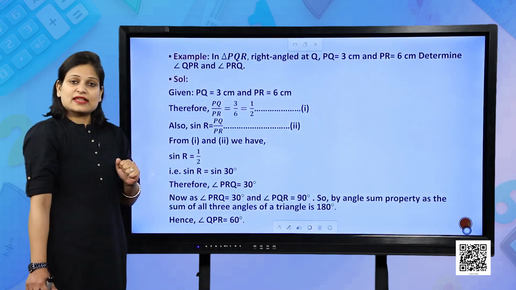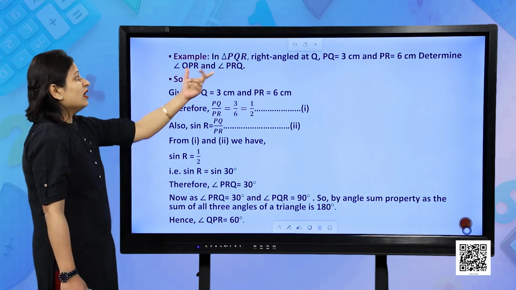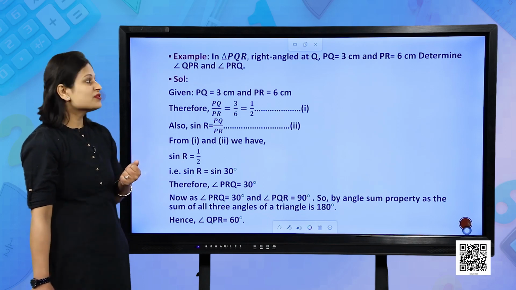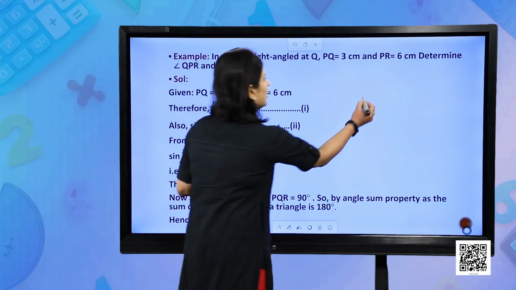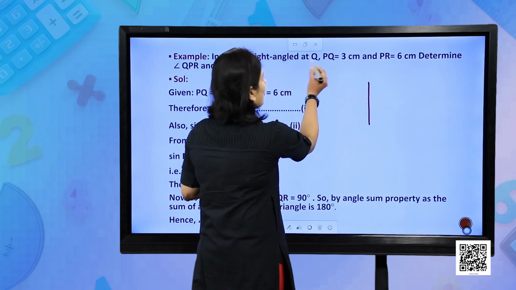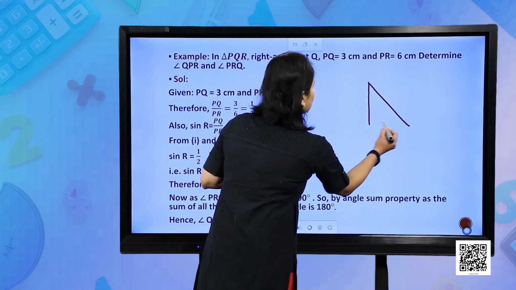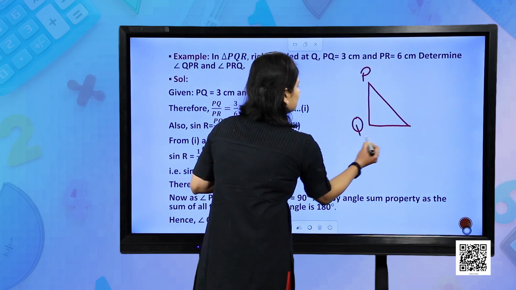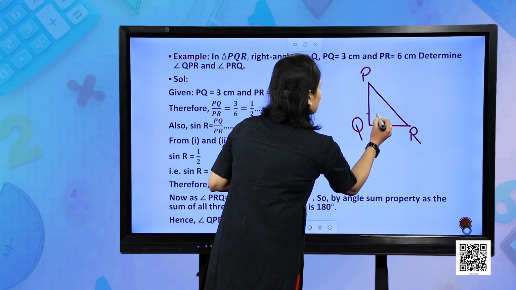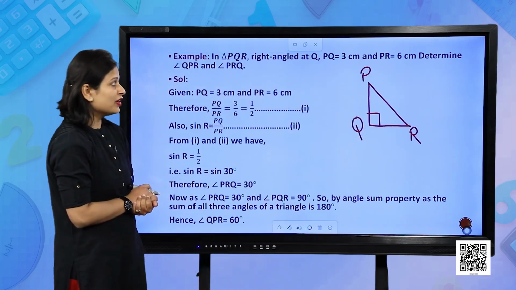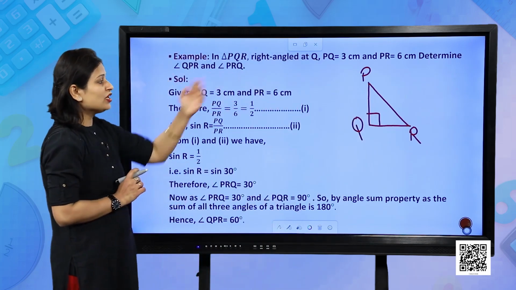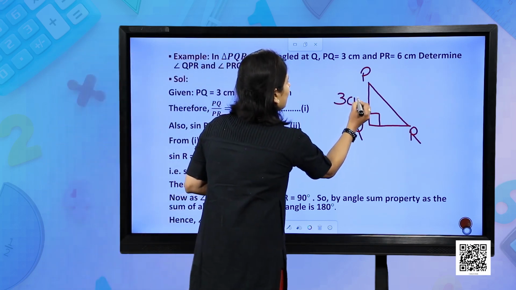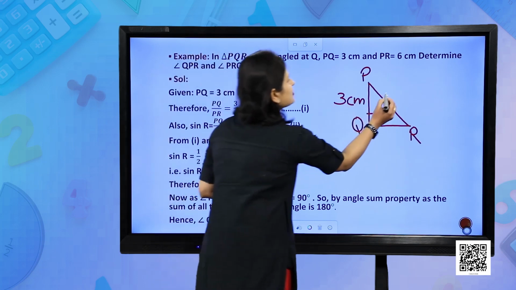Let us take an example. Just see, in triangle PQR, I need to construct a triangle PQR which is right angled at Q. I am given the length of side PQ as 3 centimeter and PR as 6 centimeter.